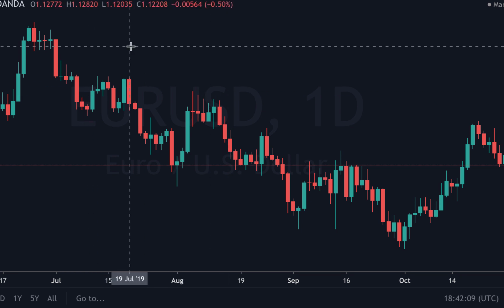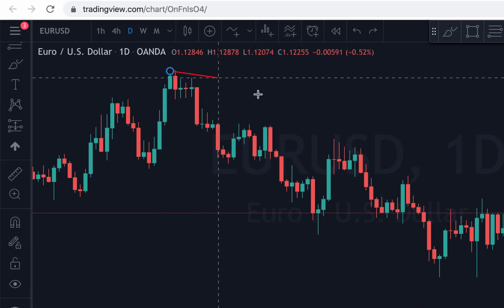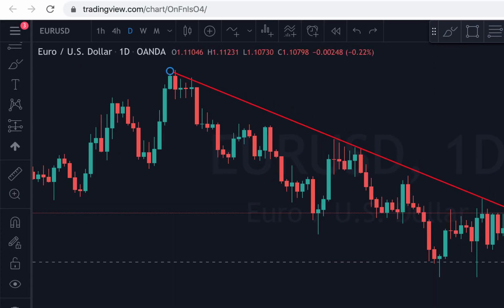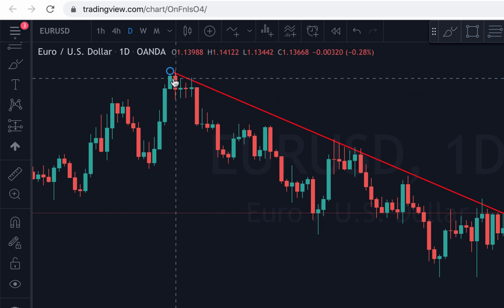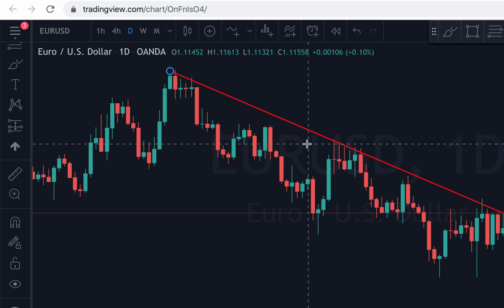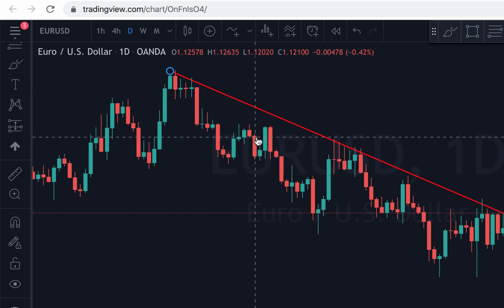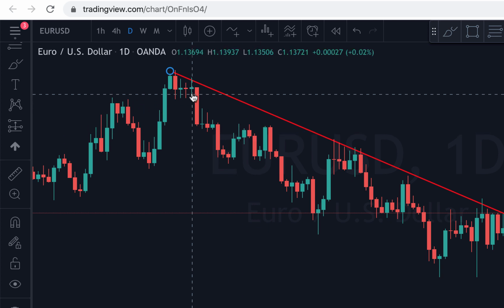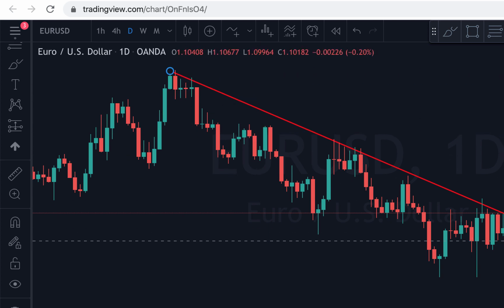The first thing you need to do is connect all the lower highs on a downtrending market. Okay, so when you have connected as much as you can, now the thing is you won't be able to connect all of the lower highs. The reason is that the market doesn't always follow that beautiful slope pattern.